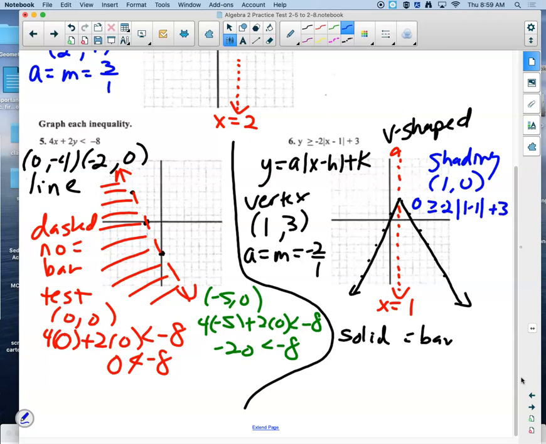What's 1 minus 1? 0. What's the absolute value of 0? 0. What's negative 2 times 0? 0. So this is going to say 0 is greater than or equal to 3. Well, that's not true. So what does that mean?